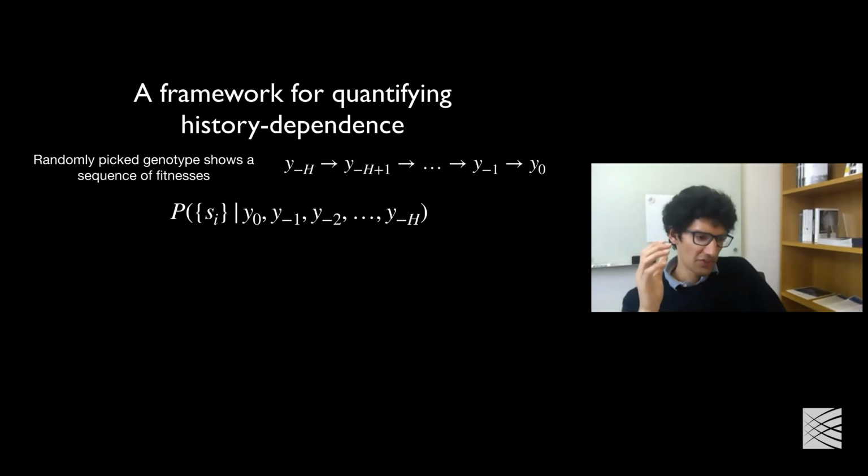One way we can imagine is that in the lab, we are measuring some randomly picked genotype. We go through an evolution experiment, so this strain shows some sequence of fitness changes. And now we'd like to ask, what's the distribution of fitness effects for the different loci, conditional on the sequence of fitness changes that it has gone through?